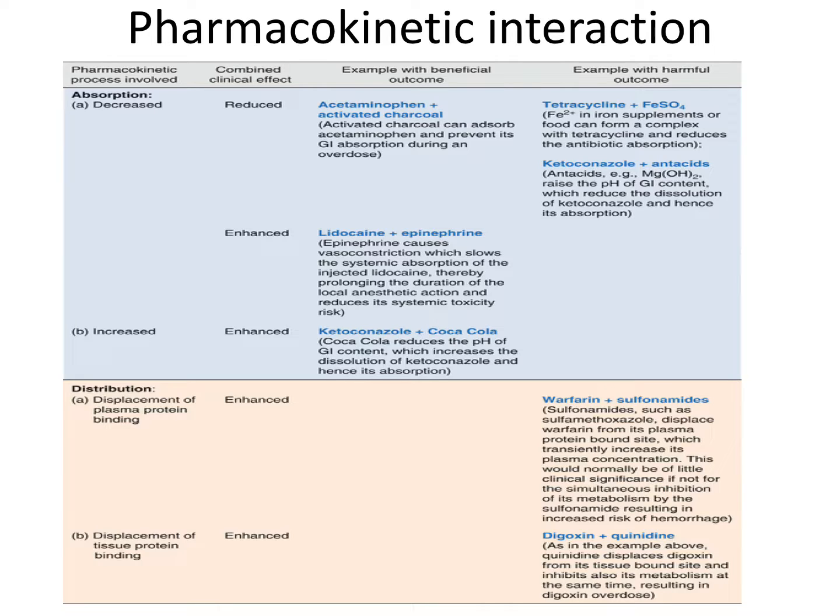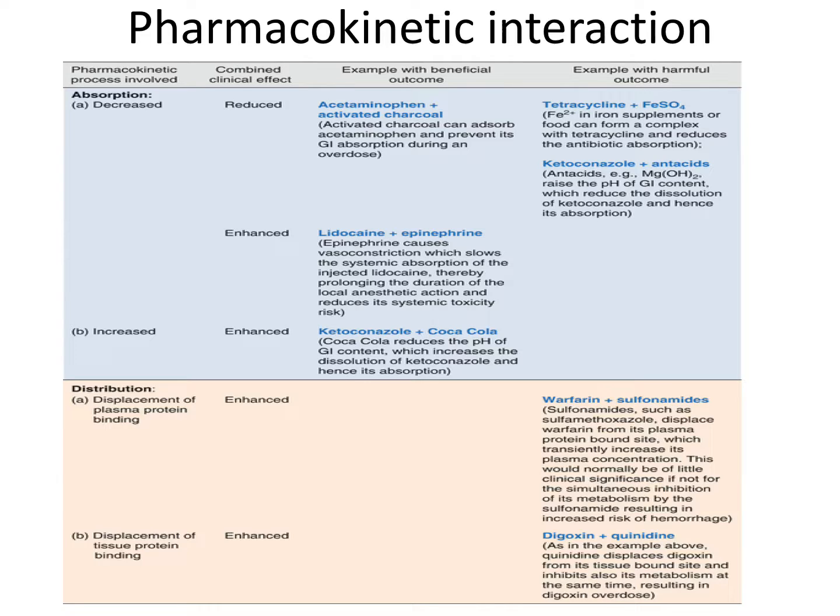Similarly, drugs given simultaneously may affect the distribution of each other. One case is displacement of plasma protein binding. When a drug reaches systemic circulation, it binds to plasma proteins, majorly albumins.